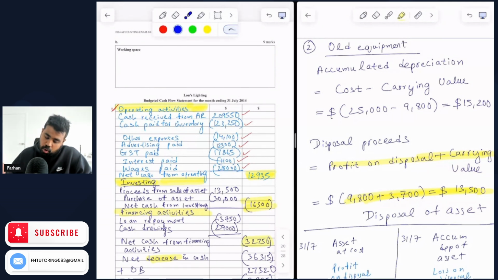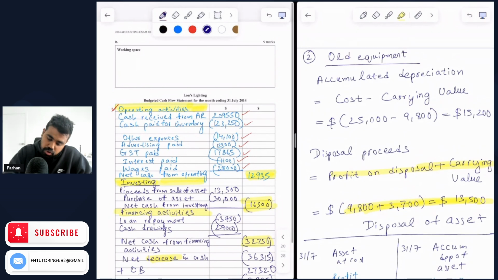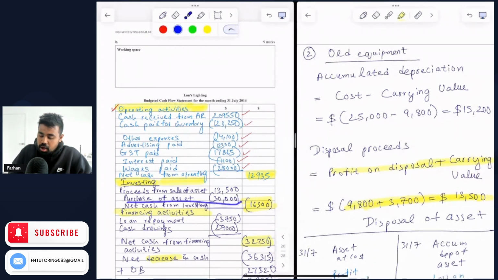Then a very important one is the purchase of an asset, which is the purchase of equipment for $30,000. This purchase is an outflow, which caused the bank balance to decline significantly. It refers to the purchase of a non-current asset, which is definitely not included when we find the net profit for the income statement.